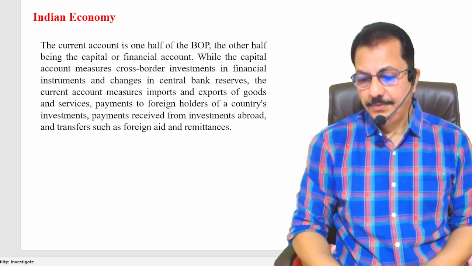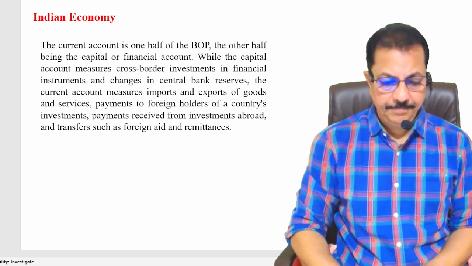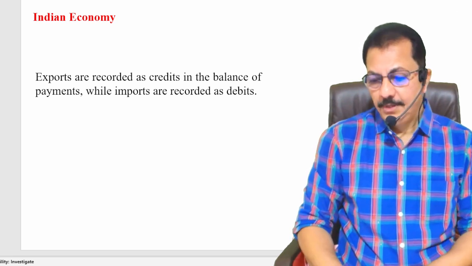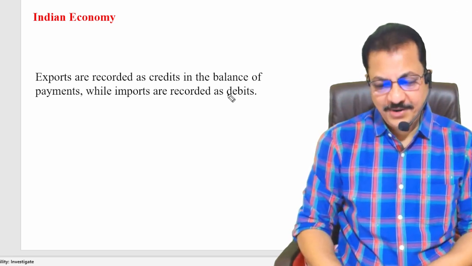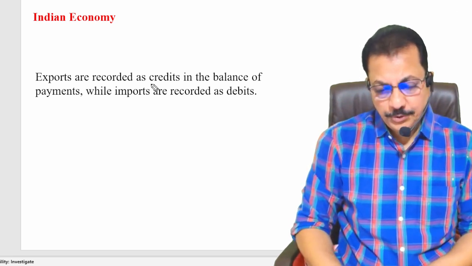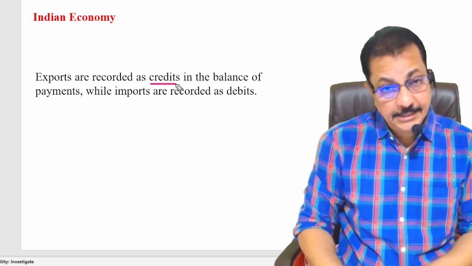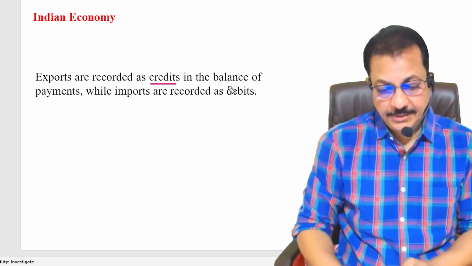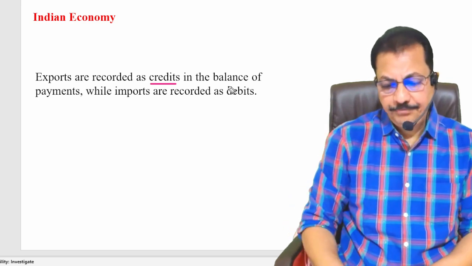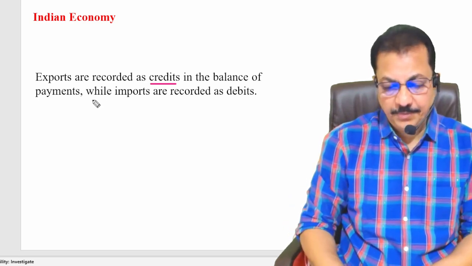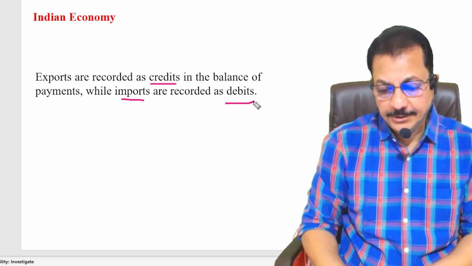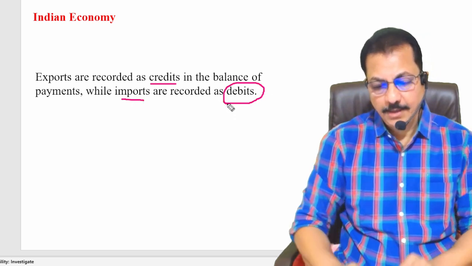Next one, very, very important one. Kindly remember all the points very clearly. Look at this. Another important point, my dear friends. Exports are recorded as credits. Please note down. In the balance of payments, exports are recorded as credits, while imports are recorded as debits, right?